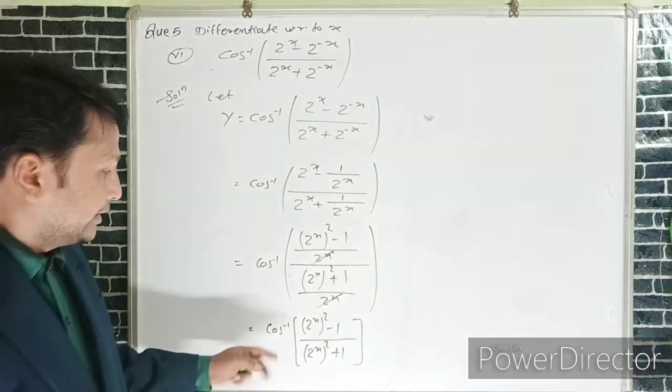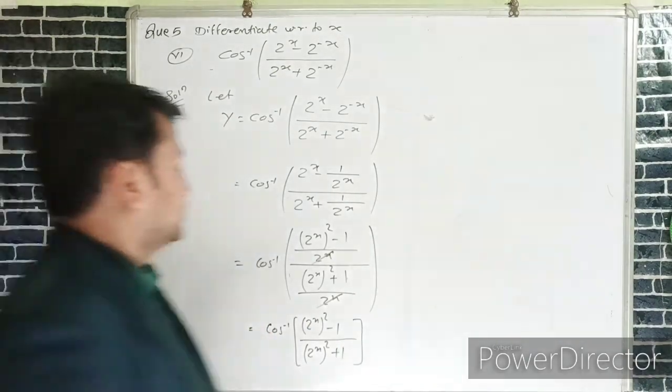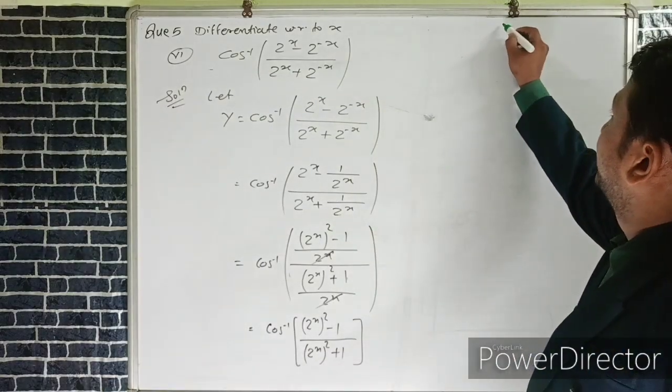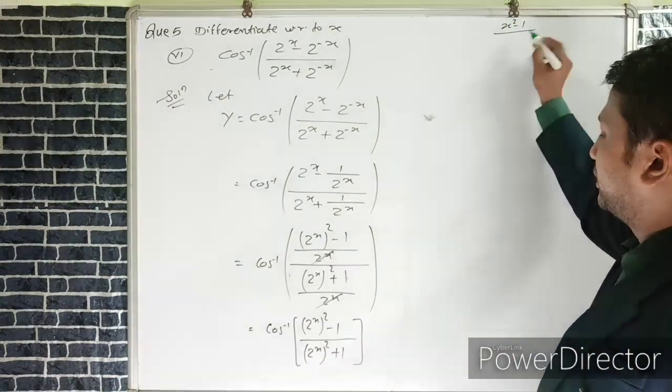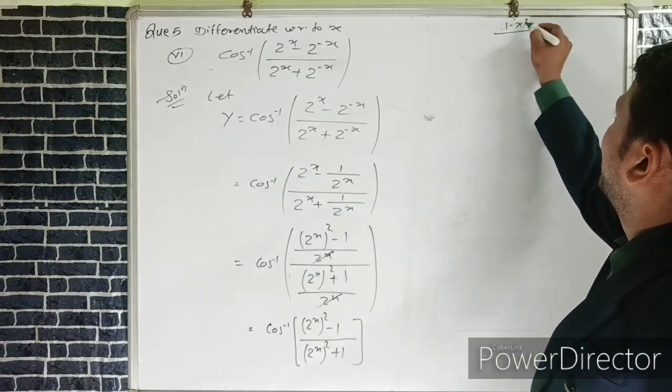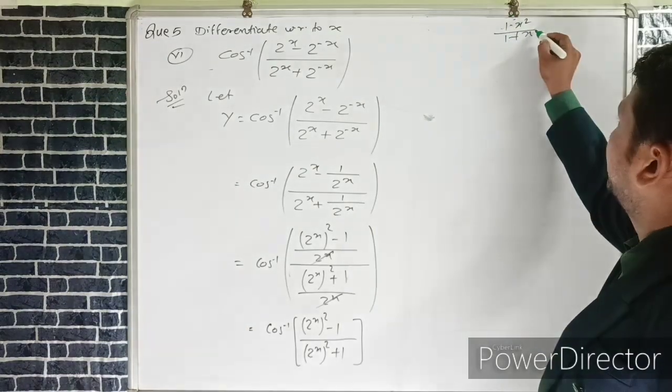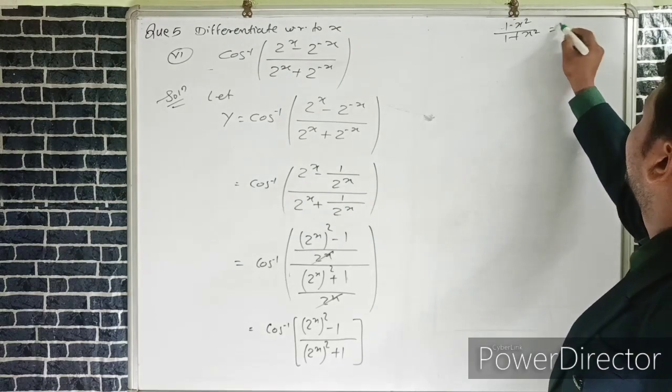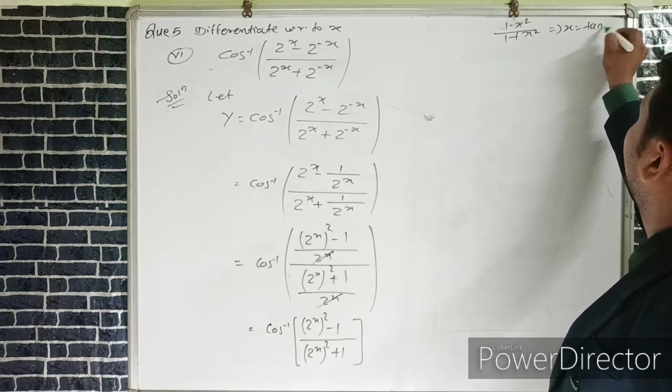And we know that if the given function is in the form of (1 minus x square) upon (1 plus x square), then we can write the value of x as tan theta.